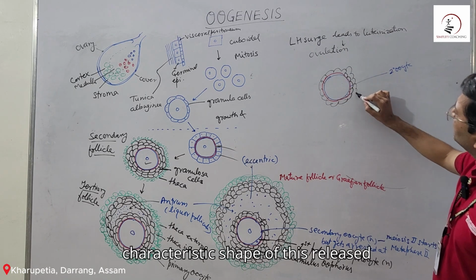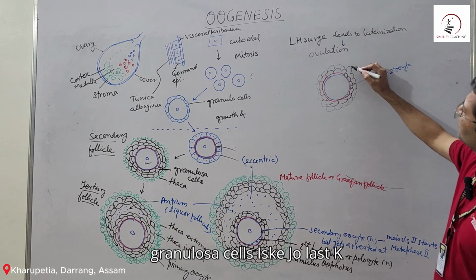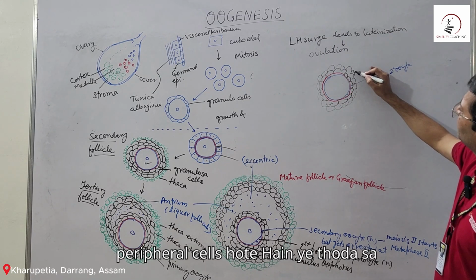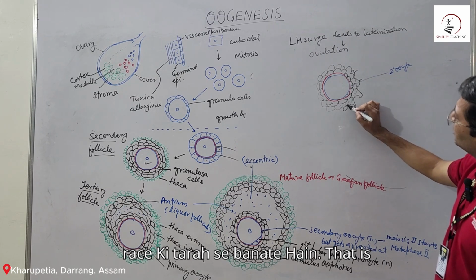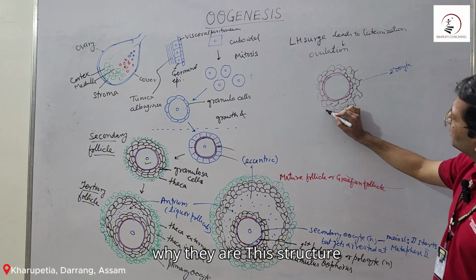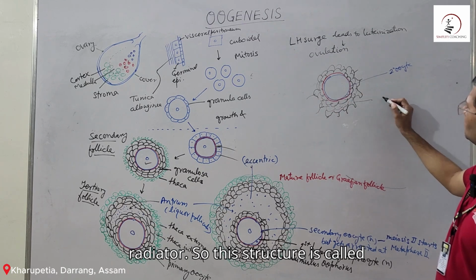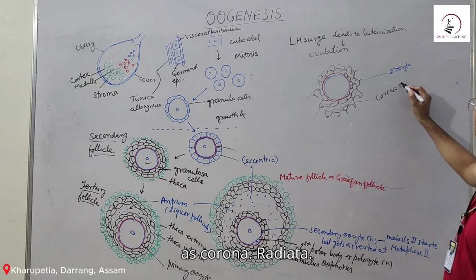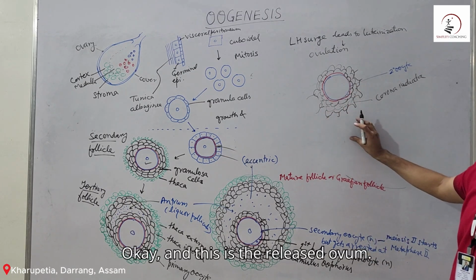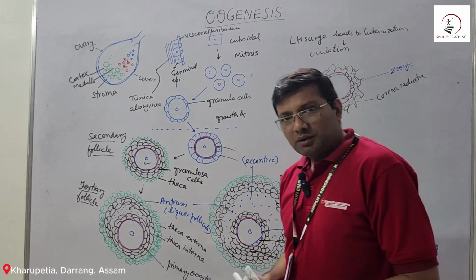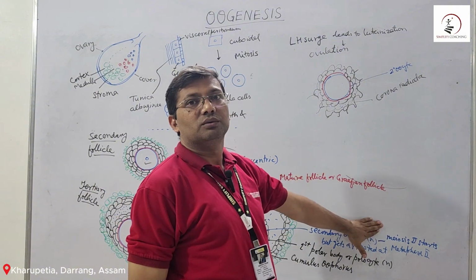So now there is a characteristic shape of this released secondary ovum which also has the granulosa cells. इसके जो लास्ट के पेरिफेरल सेल्स होते हैं ये थोड़ा सा रेज की तरह से बनाते हैं. That is why this structure is called as corona radiata. So this structure is called as corona radiata. Okay, and this is the released ovum. Now mind here that it still has not completed the meiosis 2.